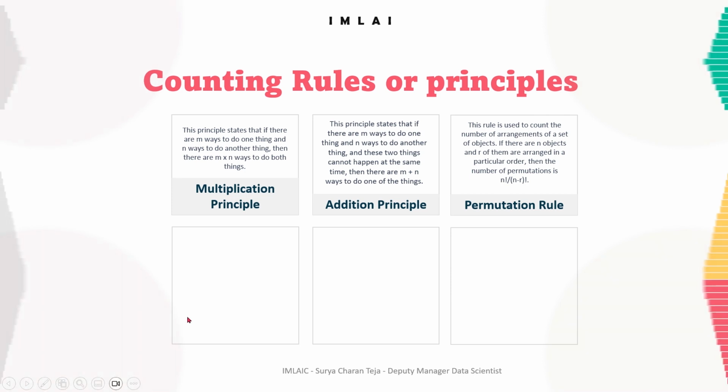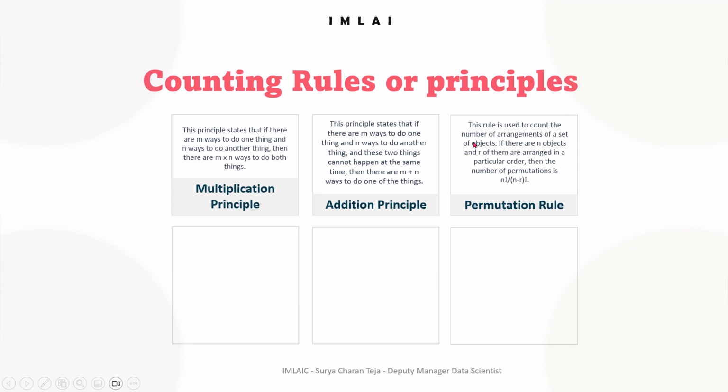If you have n objects and r of them are selected without regard to the order, then it's called a combination. But if it is with order, if there is a clear-cut order you have to maintain, then it's called a permutation. Whenever you do it with proper order, it's a permutation. No order, that's something else. That's what we'll see later.